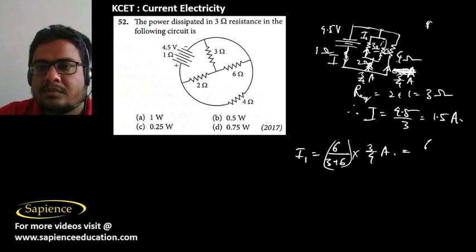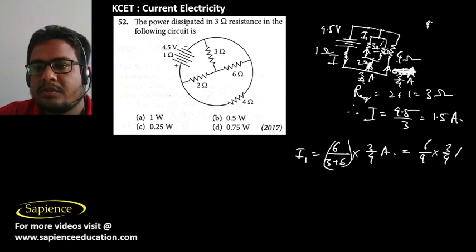So this will be equal to 6 by 9, 3 by 4 here. 3 plus 6, 3, 3 are 9, 4.5 ampere.